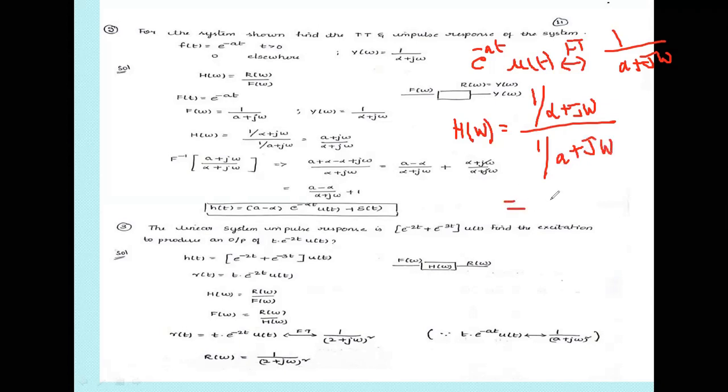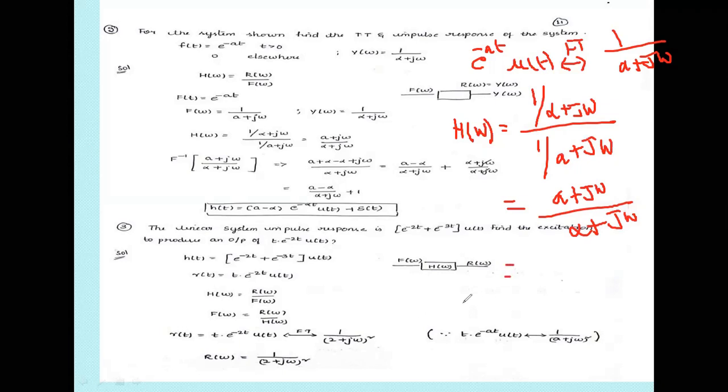H of omega, as a transfer function, is output by input. The output function is 1 by alpha plus j omega, and the input is F of omega, so H of omega is equal to a plus j omega by alpha plus j omega.